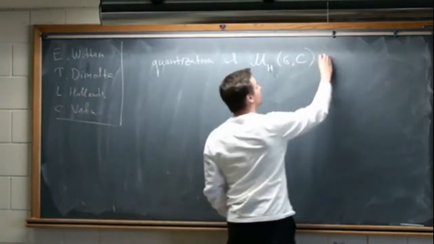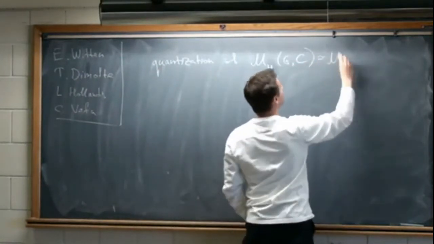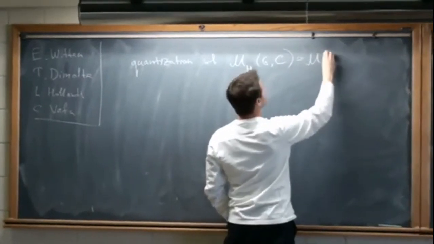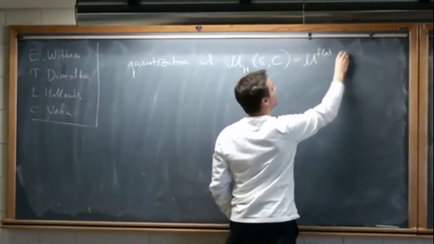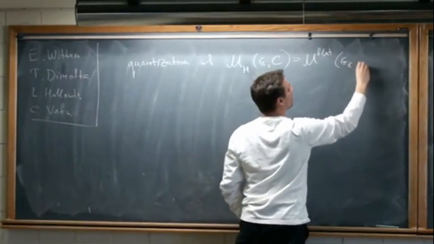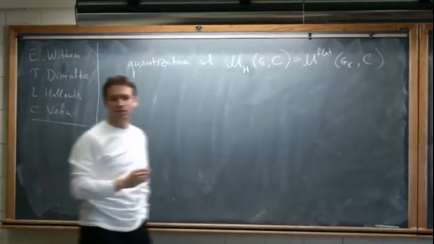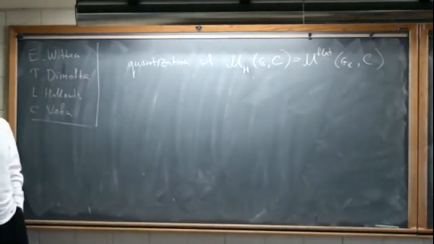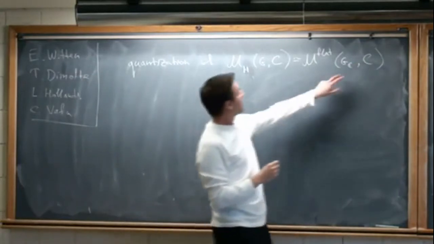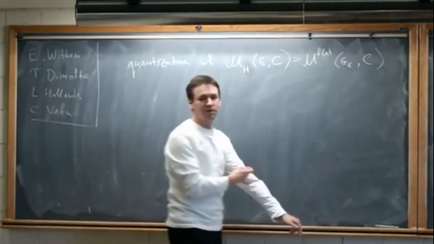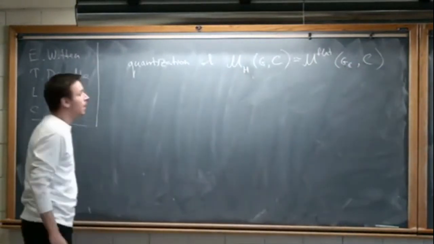And with respect to that, this moduli space is in fact the moduli space of flat G_C connections on the Riemann surface C. So this particular choice inherits a complex structure from the complex structure on that group.